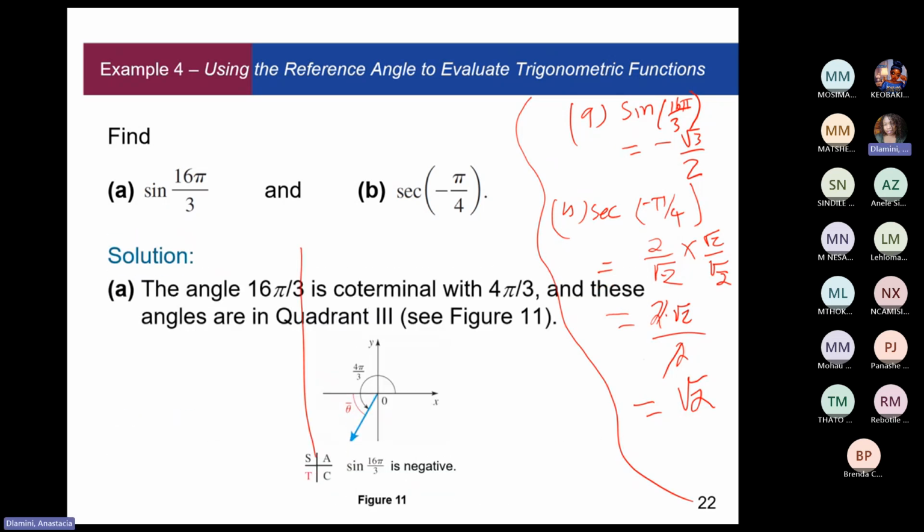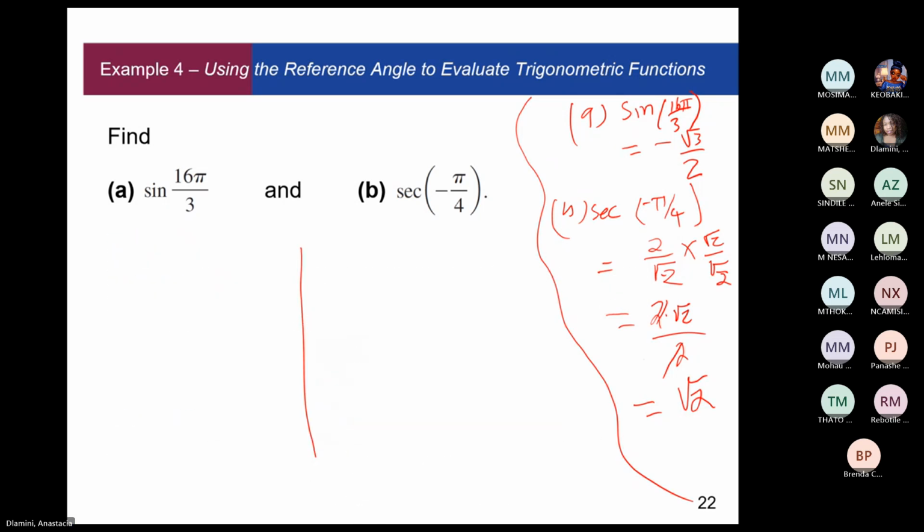We have 16 pi over 3. Before we find the reference angle, we need to reduce this 16 pi over 3. To reduce it so that it can help us find the reference angle, we subtract 2 pi. When we subtract 2 pi, what do we get, guys? I think we get 10 pi over 3.